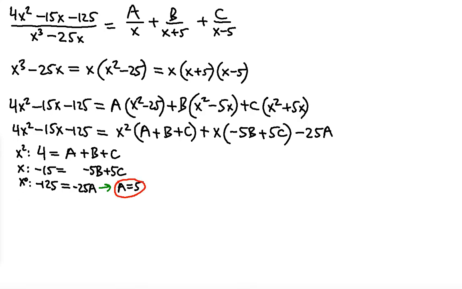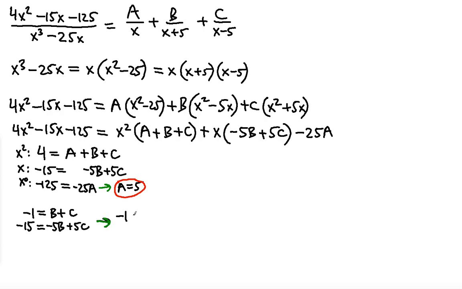Let's circle that. A is equal to 5 gives you b plus c on their own without the a. Right, so if this is equal to 5, then subtracting 5 gives you minus 1 on the left side is equal to b plus c. So minus 1 is equal to b plus c, and the second equation has minus 15 is equal to minus 5b plus 5c. Notice that we can also factor this further, we can factor out the negative 5, right?